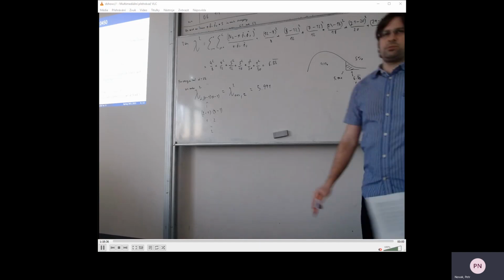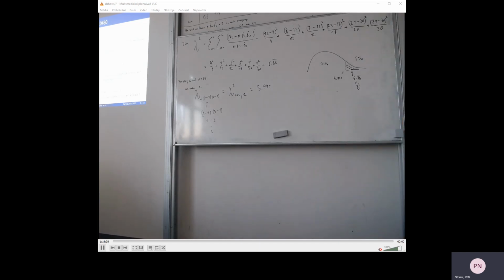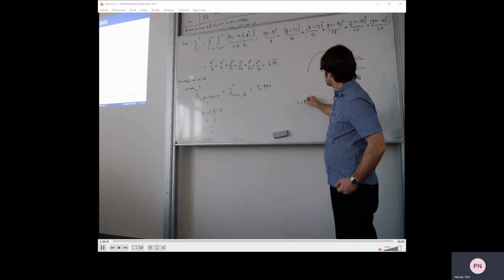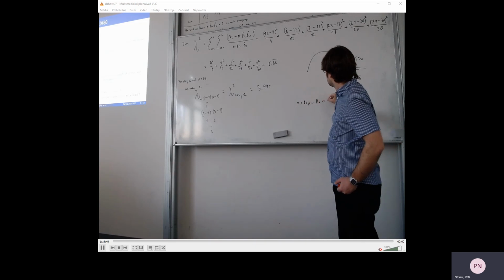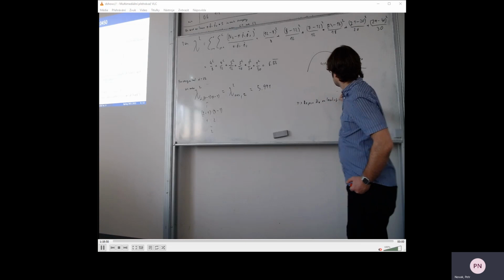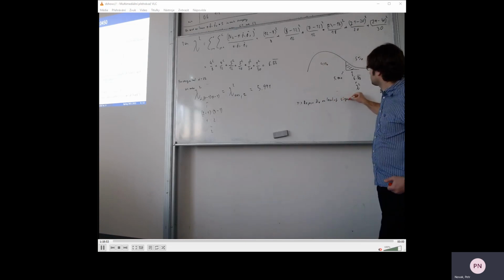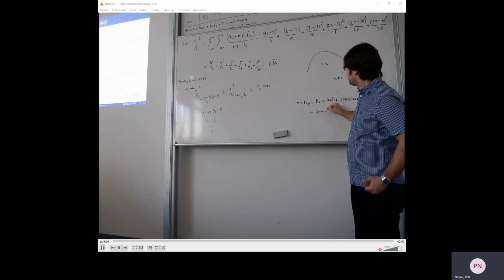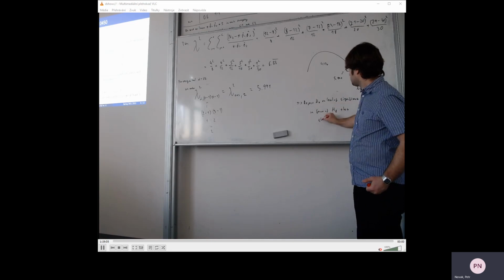And what does it mean about the null hypothesis? We reject it. Okay? At the level of significance 5% in favor of the alternative that the variables are not independent.